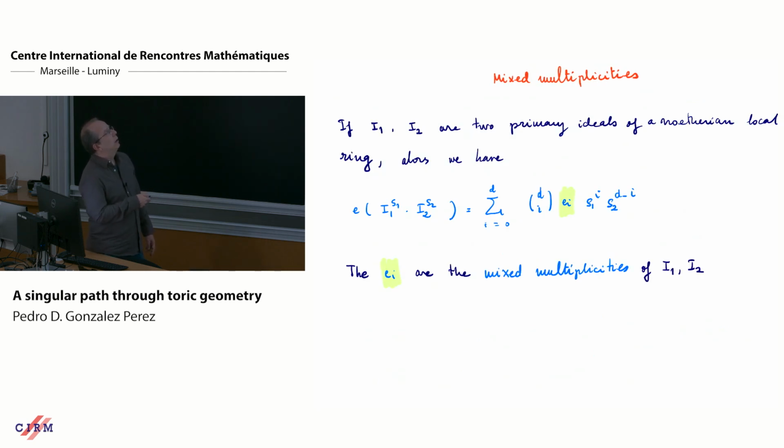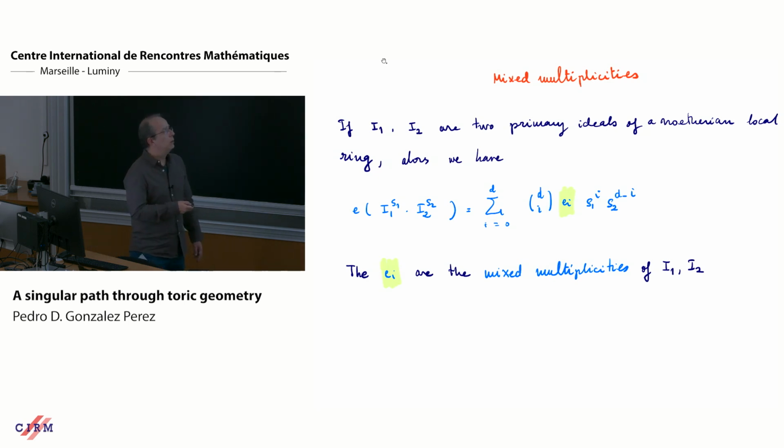And now we have another property which relates this mixed covolume with the notion of mixed multiplicity. If I have I1 and I2, two primary ideals of a Noetherian local ring, we have that the multiplicity of this product is also expressed as a homogeneous polynomial of degree D in S1 and S2, and these coefficients are called the mixed multiplicities of I1 and I2.